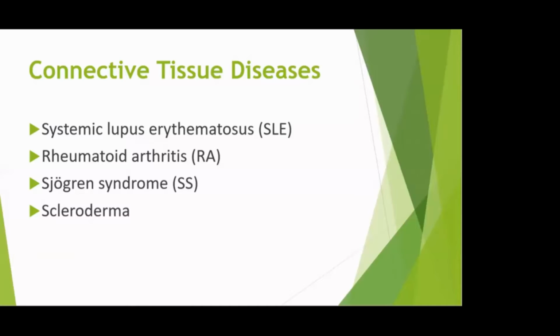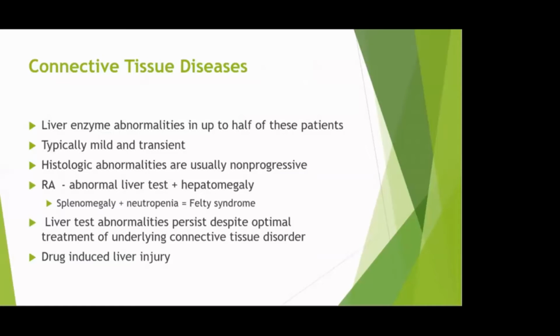Patients with RA are frequently reported to have liver abnormalities and even sometimes the presence of hepatomegaly. If there is splenomegaly and neutropenia along with it, this is called Felty syndrome. If liver test abnormalities persist despite optimal treatment of the underlying connective tissue disorder, one can consider maybe another disease.